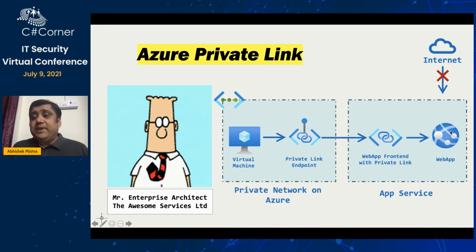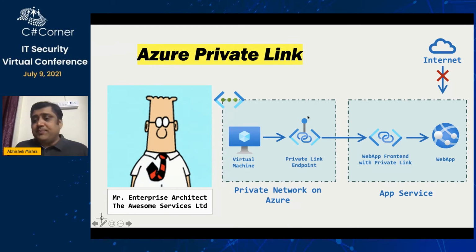So how can we make sure that only authorized users who are part of this virtual network can use it, not everyone from the internet? The answer is private link. With private link, only those inside this private virtual network we create will be able to access the web app. That means it is blocking internet access.